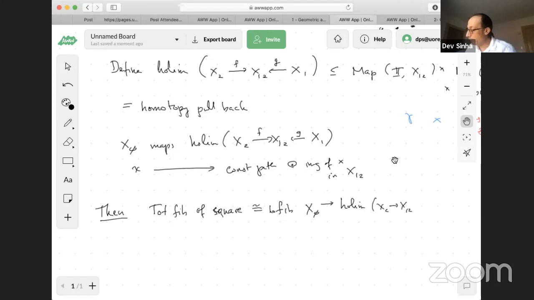And this is pretty straightforward at this point, just some adjunctions and playing around with homeomorphisms of the square and things like that.